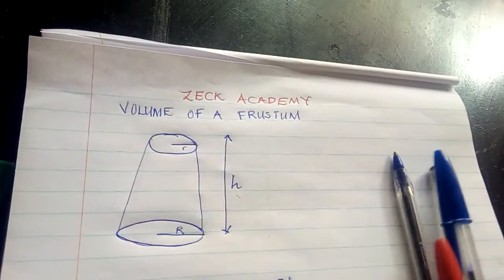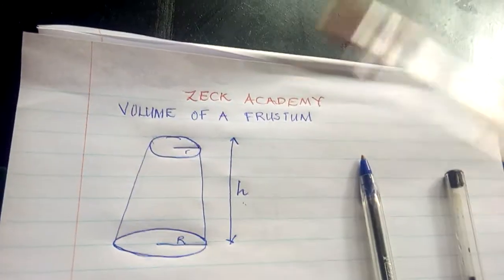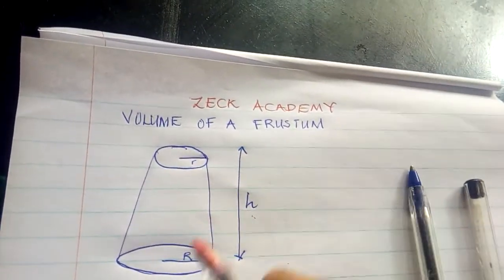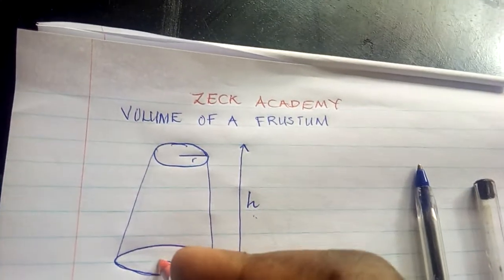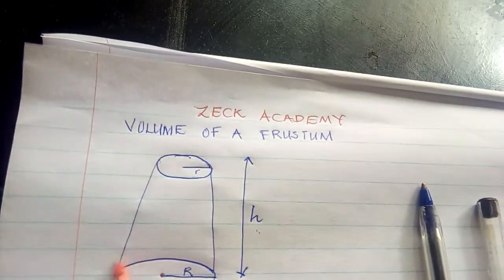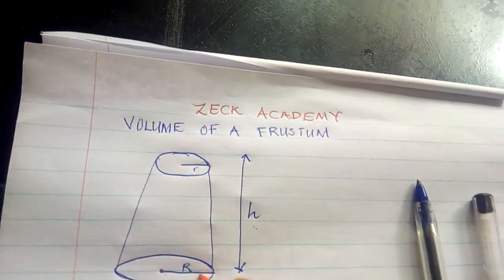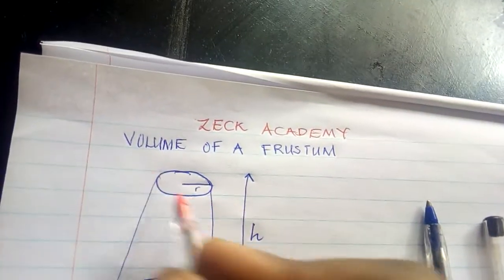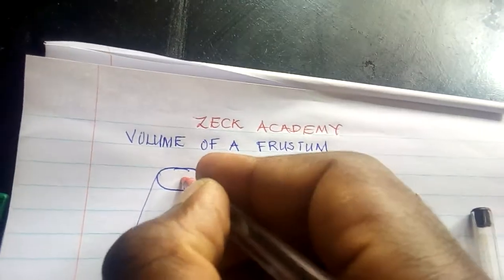According to this simple diagram that I've given, this is a simple demonstration representing a frustum having a circular base with radius capital R and the top base with radius small letter r.